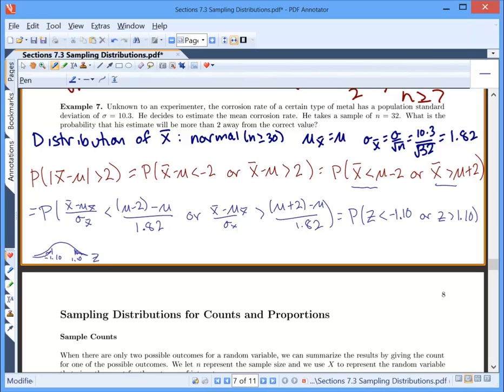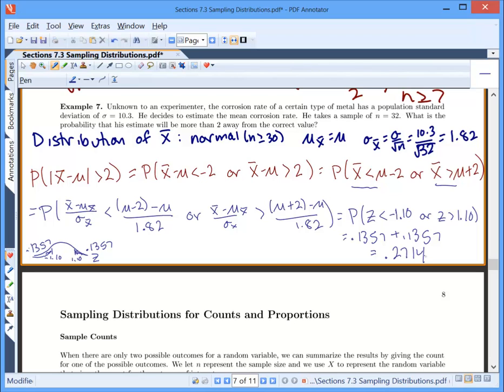When I look it up on the z table, I get that the area in the left tail is 0.1357, which means the area in the right tail is also 0.1357. So it's 0.1357 plus 0.1357 equals 0.2714.